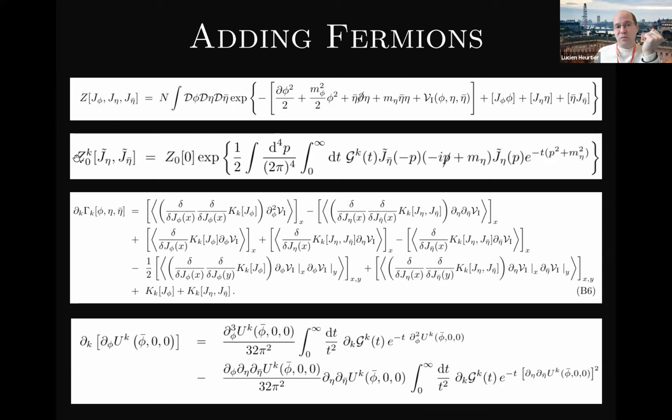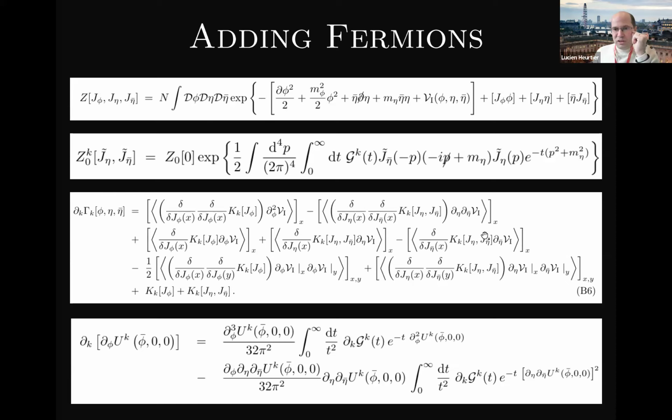So you can do the same, and you can have the partition function for fermionic currents. You can regularize fermions in the same way that you regularize scalars, and obtain a fully general flow equation for your effective action, the full effective action, including scalar fields and fermions.